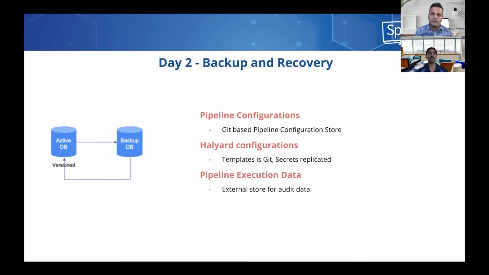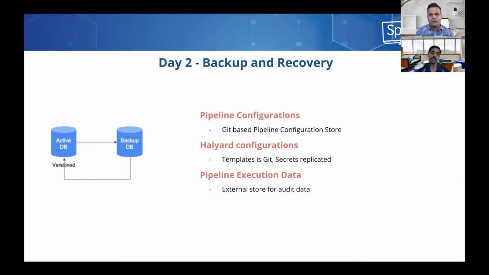There's a second reason why you want to back up Spinnaker, depending on RTO and RPO requirements. If you have very high availability requirements, then you can have an active-passive system where the data in Git is replicated, and the database itself is replicated.